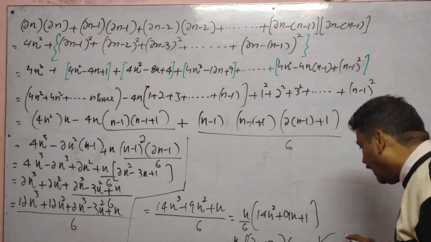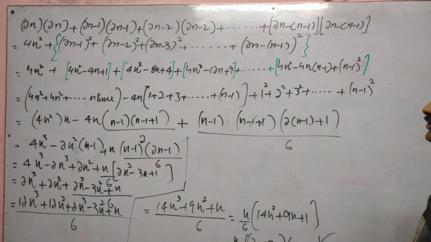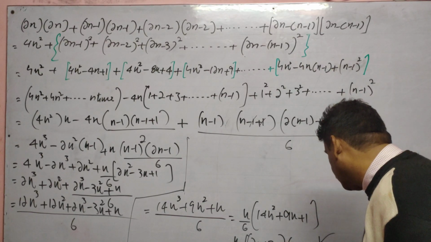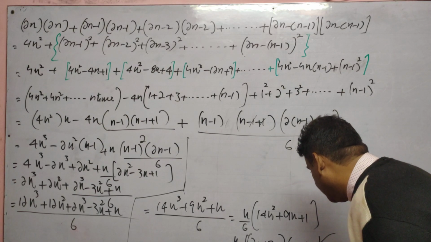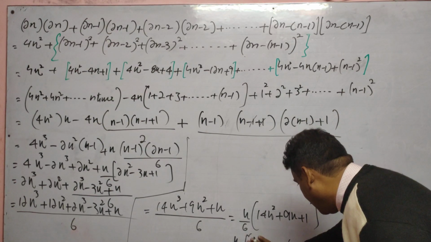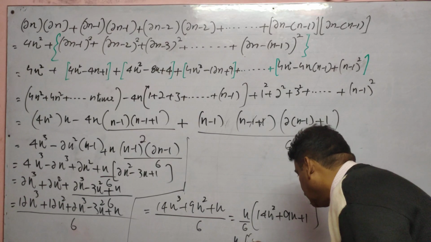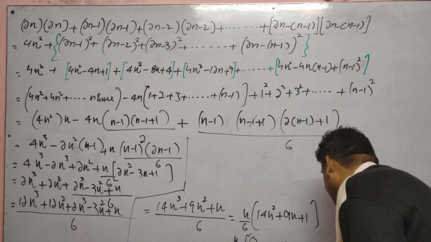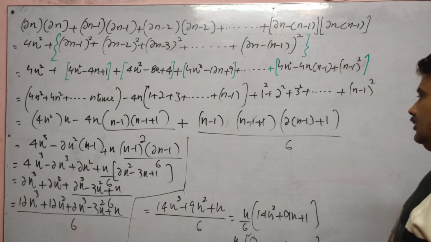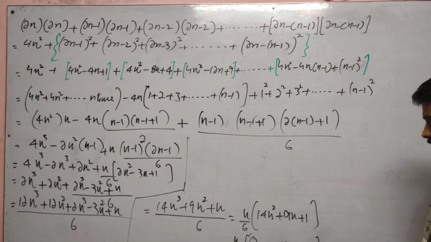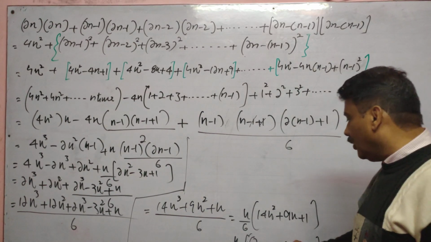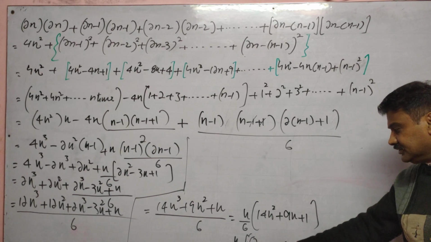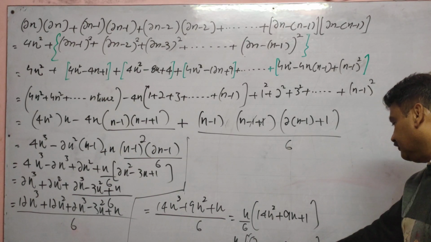This is the formula to find the number of total oranges in a pile. These are the total number of oranges: n by 6 times 2n plus 1 times 7n plus 1.